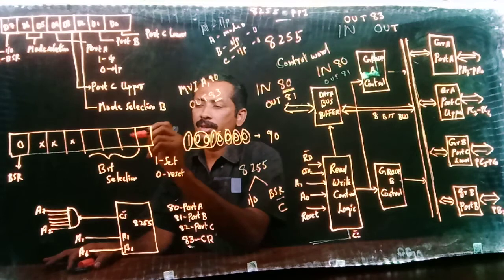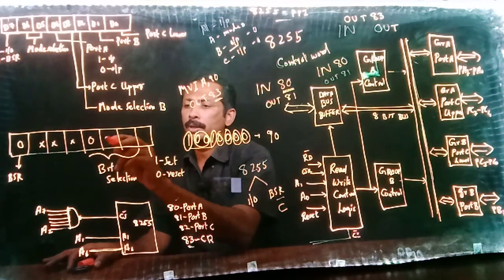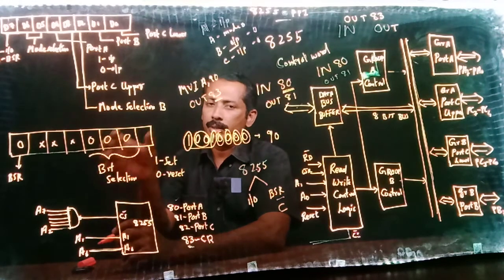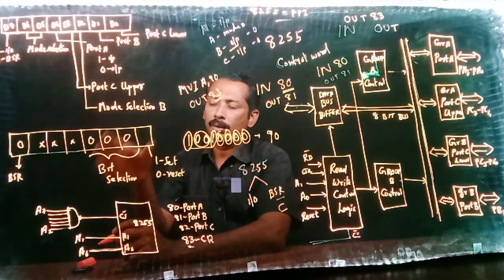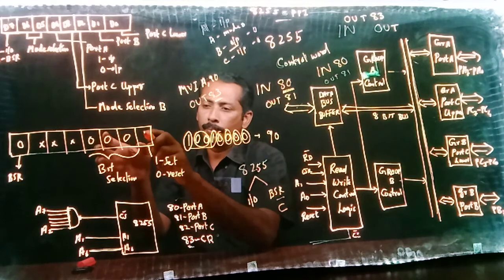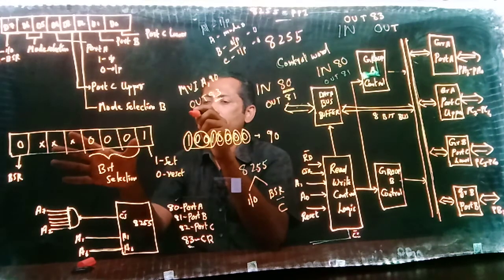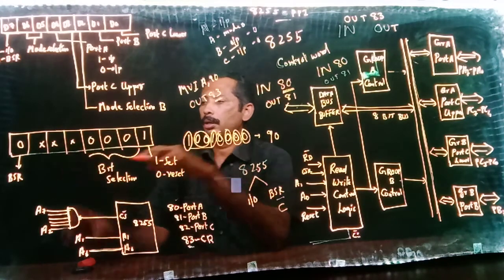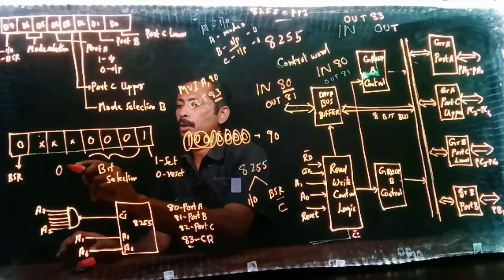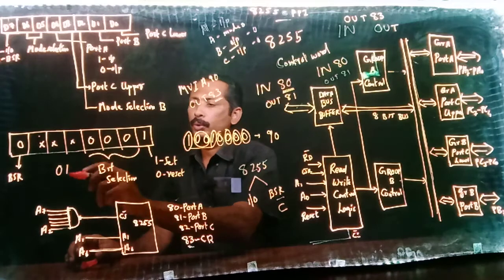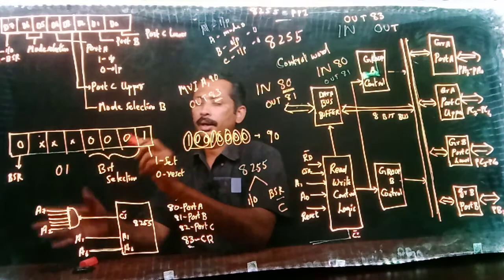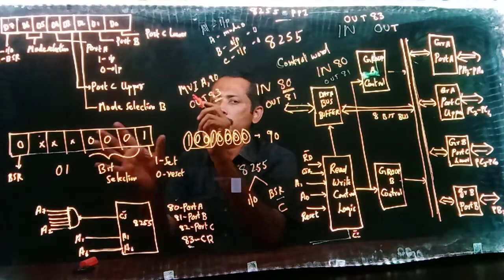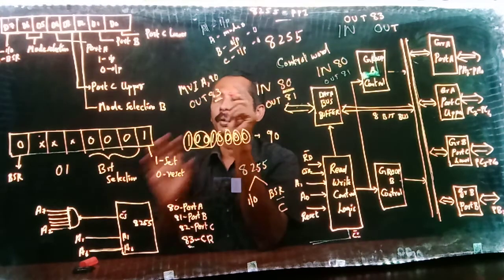If I have to set bit 0, then 0 0 0. So the bit 0 or the pin 0 of the port C will become set if I use this combination. So if I am giving 0 here, it is 0 1. So if I am using this 0 1 and writing towards control register, it means that port C first bit will be 1.